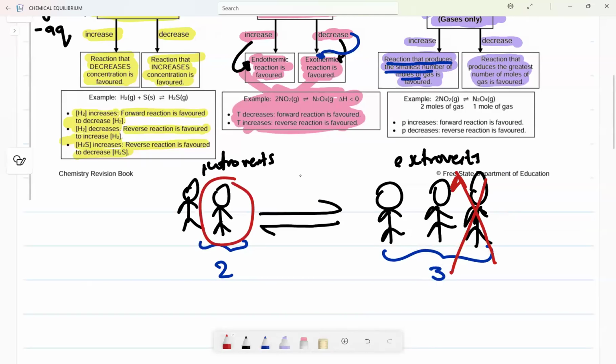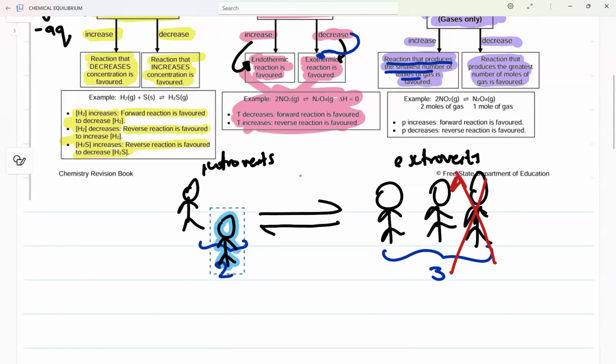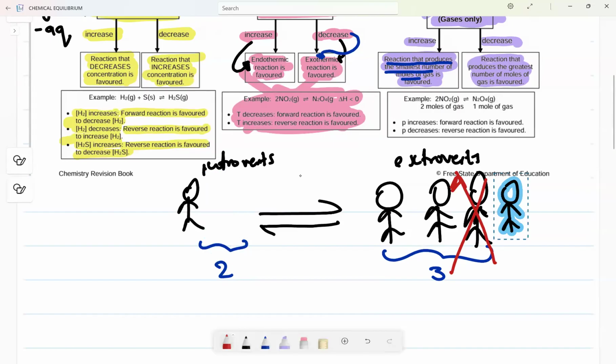So I will take you and you will be transferred, now staying on the other side. Now it is balanced. Let's hear this. It says that when there is a decrease in pressure, the reaction that produces the greatest number of moles of gas is favored. Which one between the two, if I reverse this?